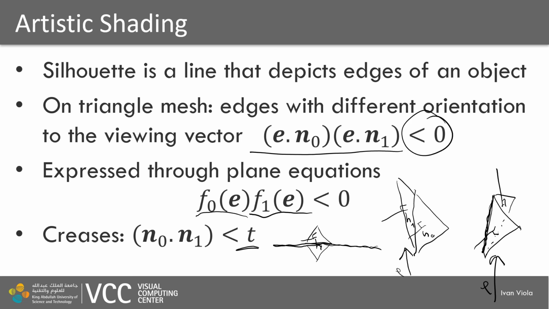So there is a threshold value which, let's say, will be 0.1, and every edge which has two triangles sharing this edge with normals whose dot product is less than 0.1, this edge will be classified as a crease.